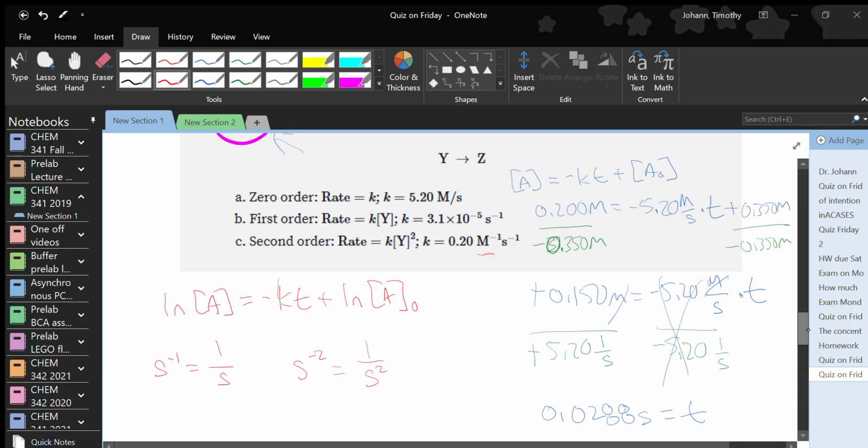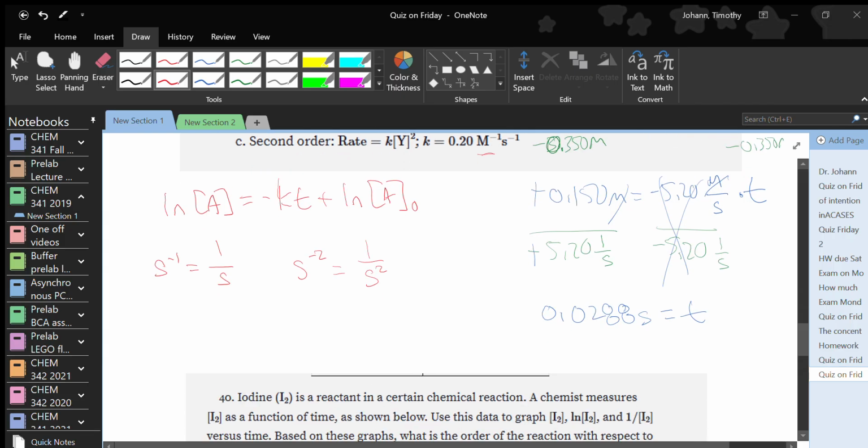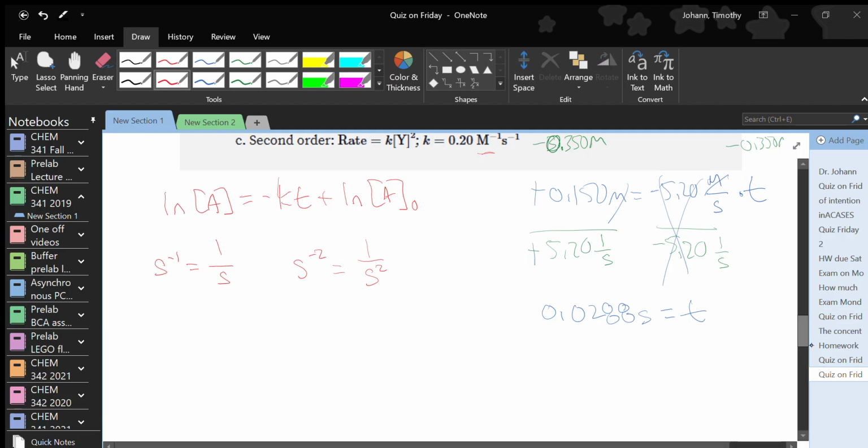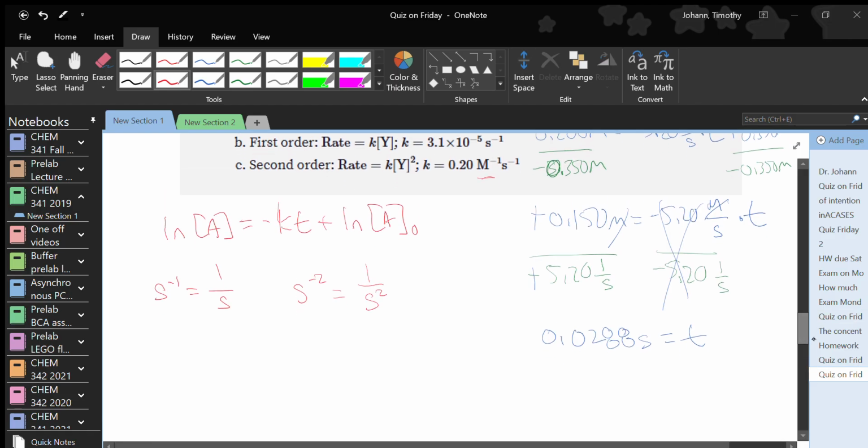Okay, let's put our numbers in. k was 3.1 times 10 to the negative 5th. So I've got the natural logarithm of A concentration, the final concentration, which was 0.200 molar.